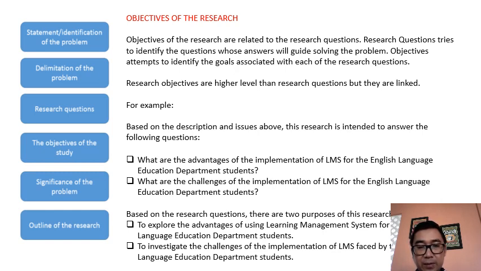There are two objectives of the research. To explore the advantages of using learning management system. Kemudian, to investigate the challenge. Jadi kalau Anda lihat ini, ada kesesuaian ya antara research question pertama dengan objektif yang pertama sama. Research question yang kedua, objektif yang kedua sama ya.